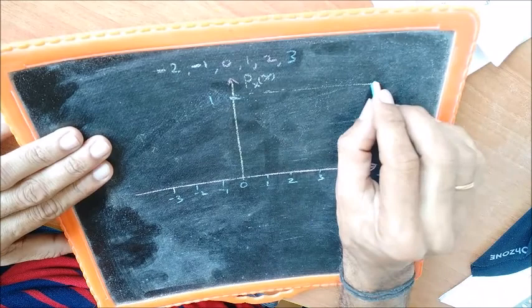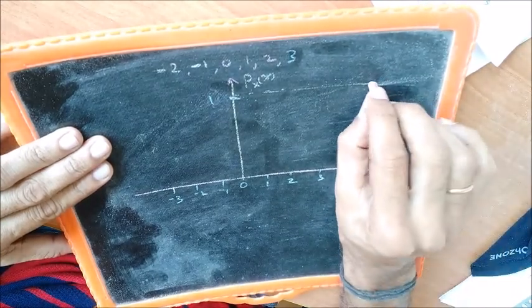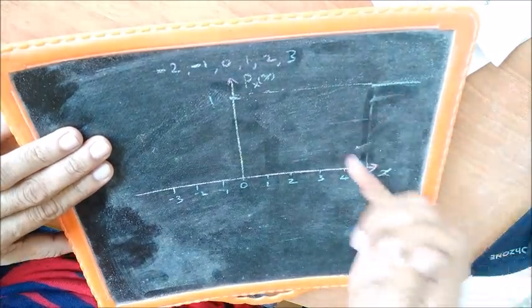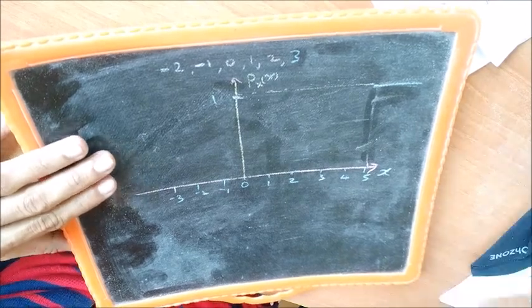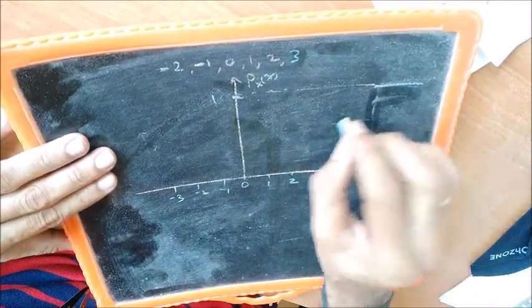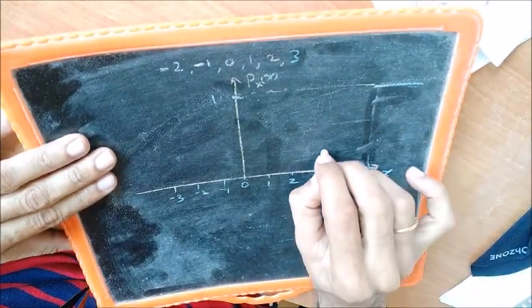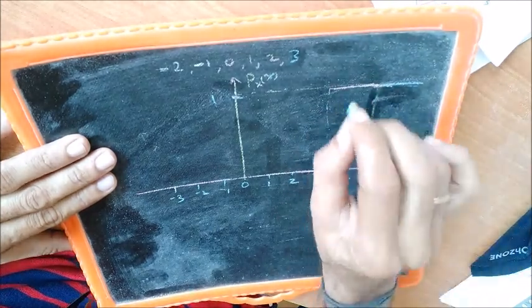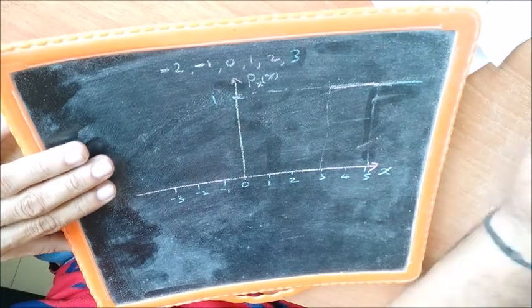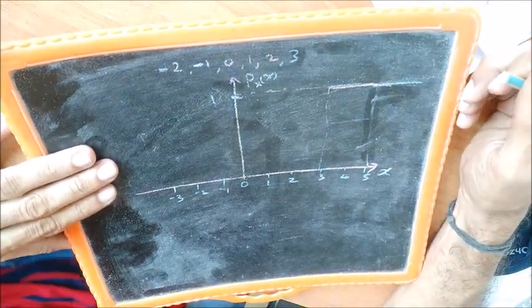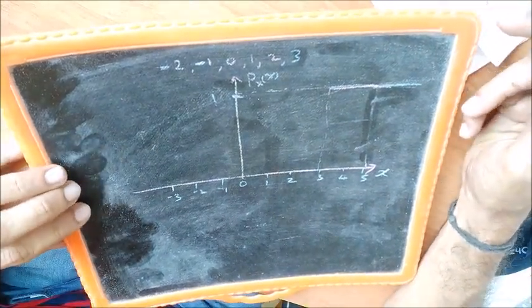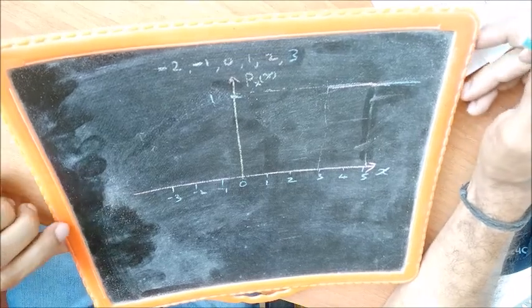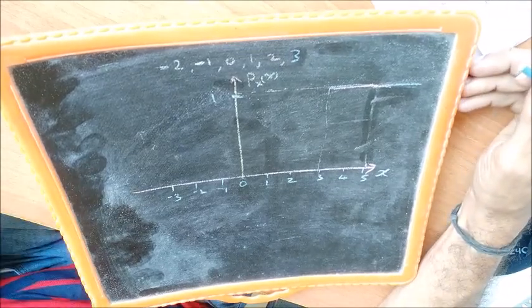So this will be 1 for all values greater than 5. And by the same argument, up to 3 it will be 1. Because if I ask what is P_X(4), it's 1, because you are going to get a number less than or equal to 4. What is P_X(3)? It will be again 1, because getting less than or equal to 3 is a certain event.